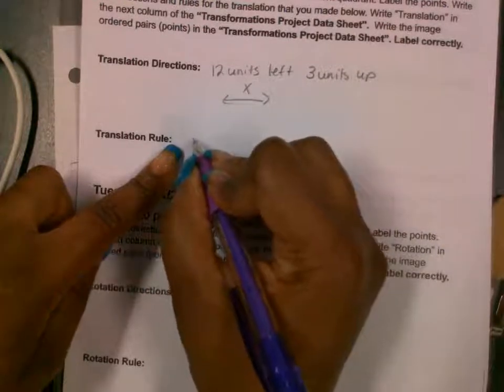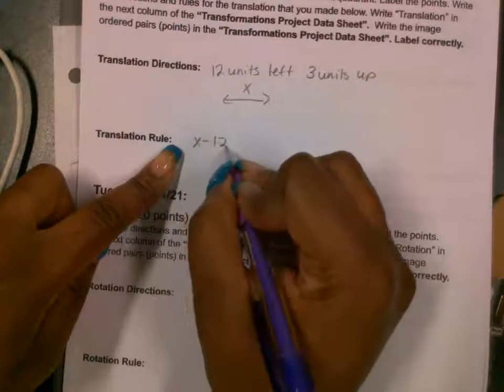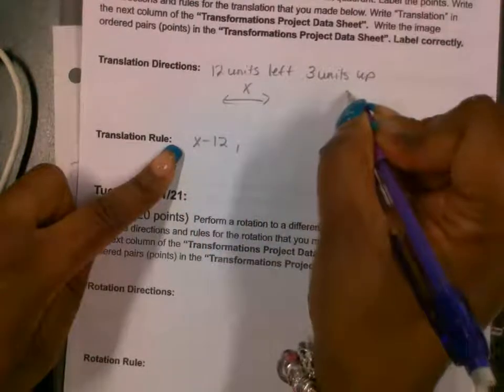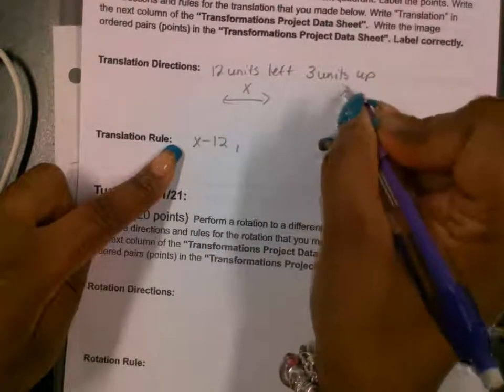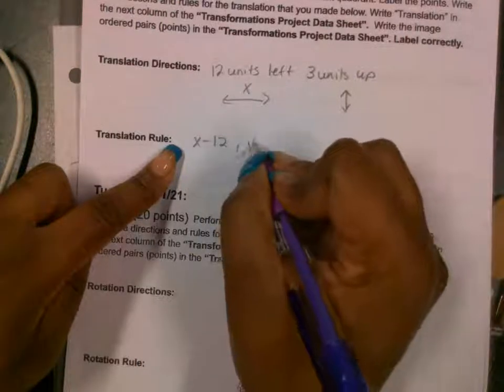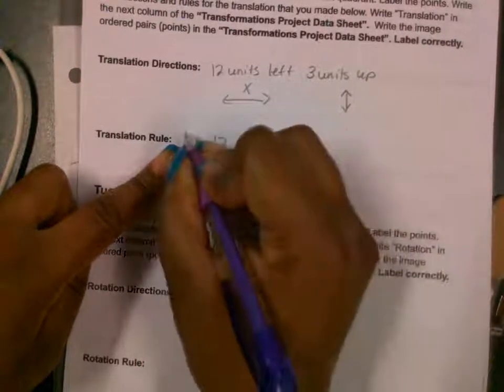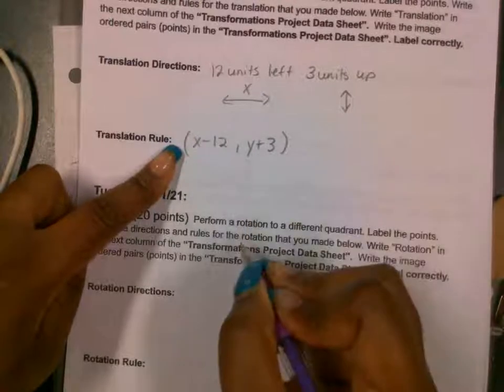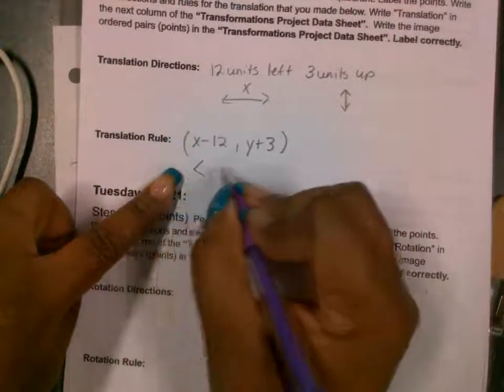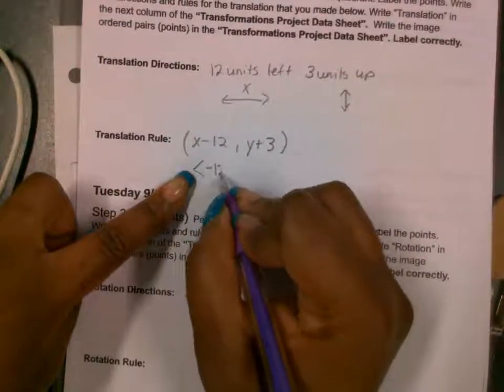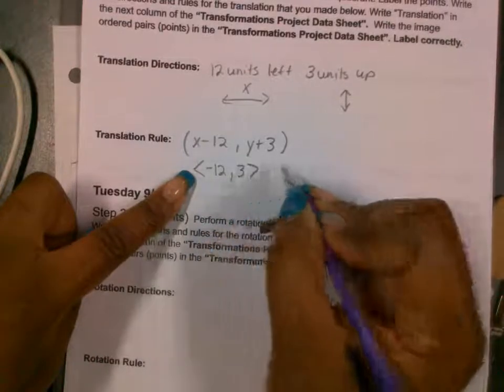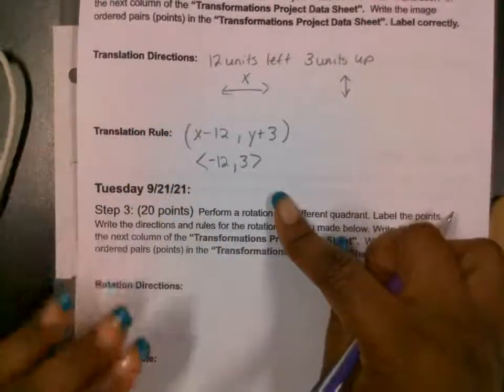So I'm going to say X minus 12, comma. Remember, Y is up and down. Since I go up, that's adding. So I'm going to say Y plus 3. This is how I write my rule. My vector would be negative 12, comma, positive 3. This would be my vector. Both of these I need.